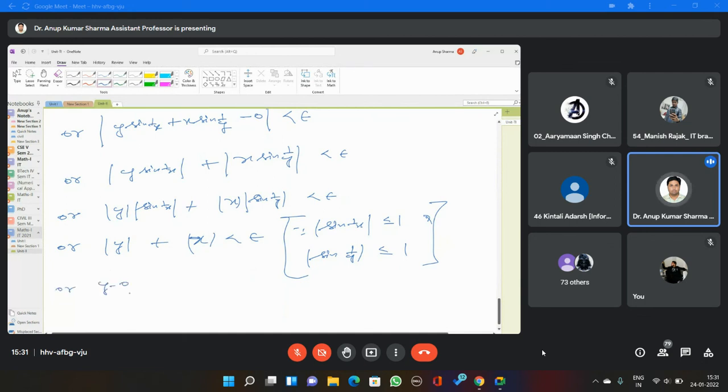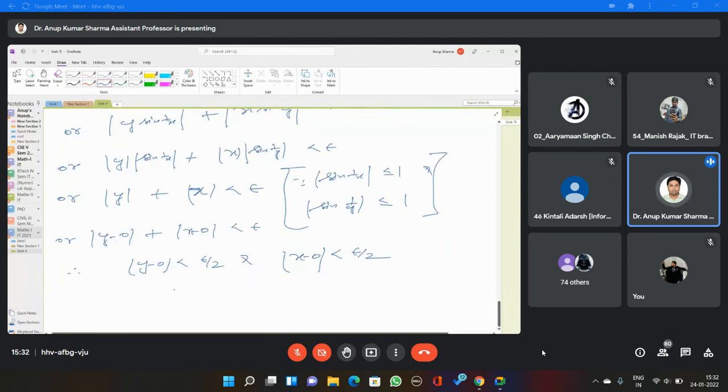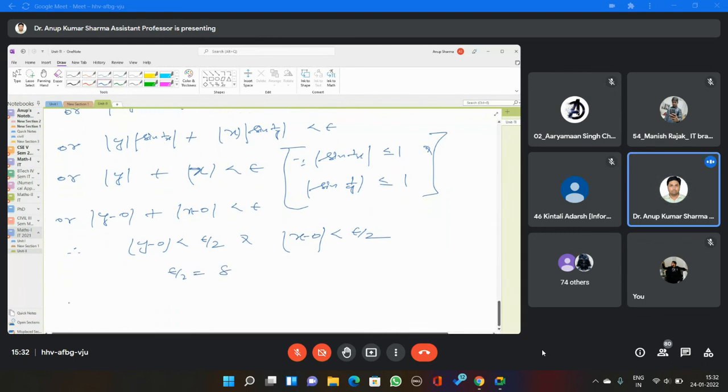So mod y minus 0 plus mod x minus 0 is less than epsilon. Therefore we can write mod y minus 0 less than epsilon by 2 and mod x minus 0 less than epsilon by 2. So epsilon by 2 is our delta.